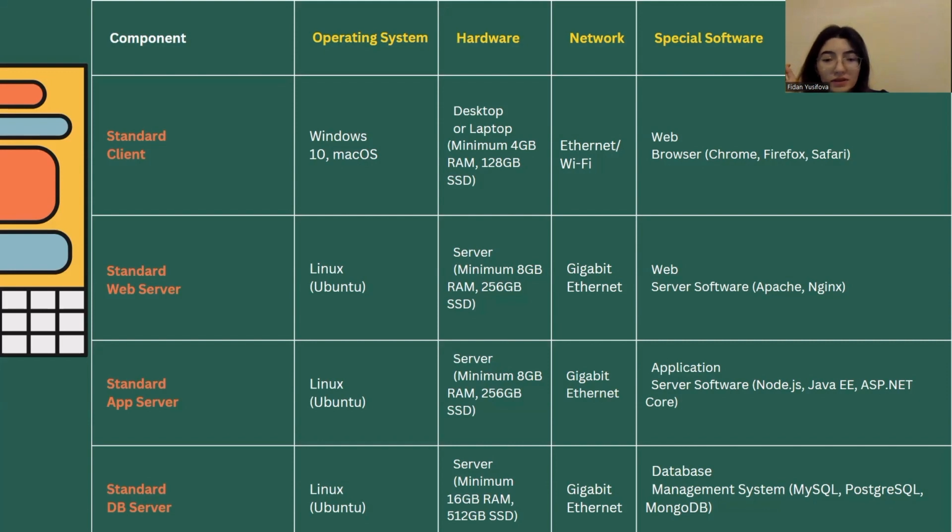And as a database server, it can be MySQL, PostgreSQL, MongoDB for database management system. And as an operating system, a standard client, as I said, can use Windows 10, macOS, and the standard web server, app server, and database server will use Linux and Ubuntu.